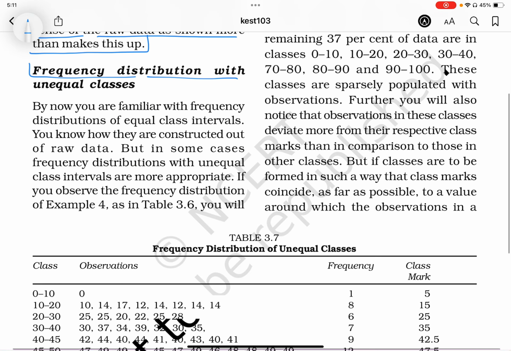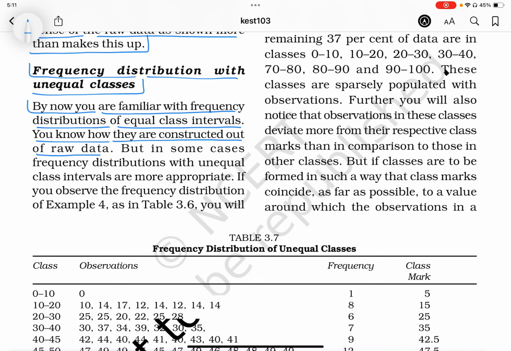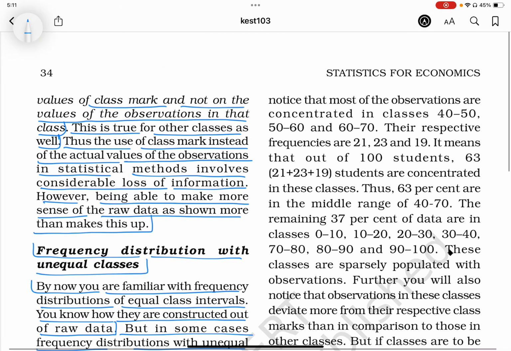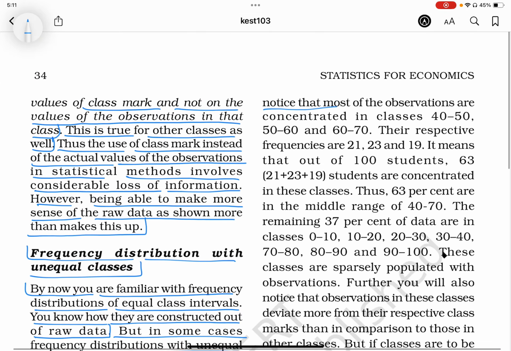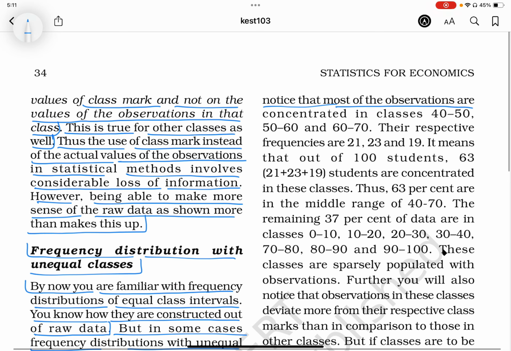Frequency distribution with unequal classes. By now, you are familiar with frequency distributions of equal class intervals. You know how they are constructed out of raw data, but in some cases, frequency distributions with unequal class intervals are more appropriate. If you observe the frequency distribution of example 4 as in table 3.6, you will notice that most of the observations are concentrated in classes 40 to 50, 50 to 60, and 60 to 70.